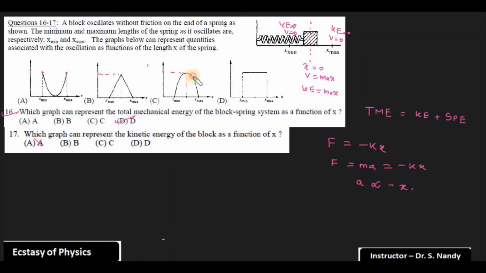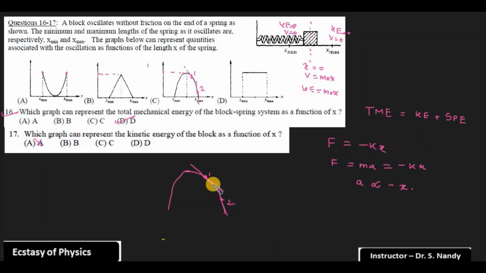So now acceleration is going to increase. From the velocity graph, if we draw the tangent at two points, one point nearby the mean position and the second point nearby the extreme position, then it is quite obvious that the second tangent is steeper than the first one.